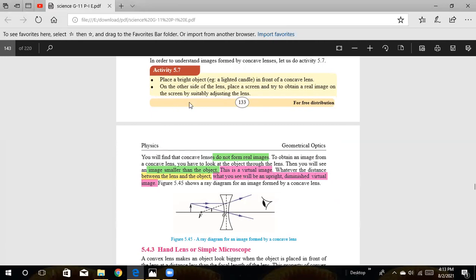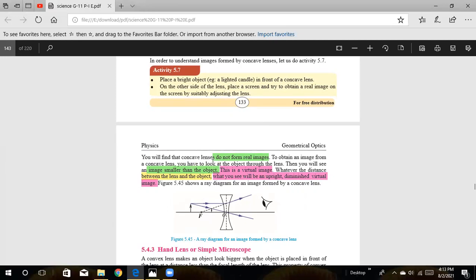On the other side, we can't get a real image. We placed a screen, but we can't get a real image on the other side. Why? The image is formed on the same side, right? We can't get a real image on a screen.